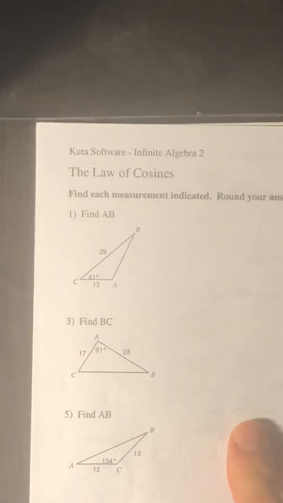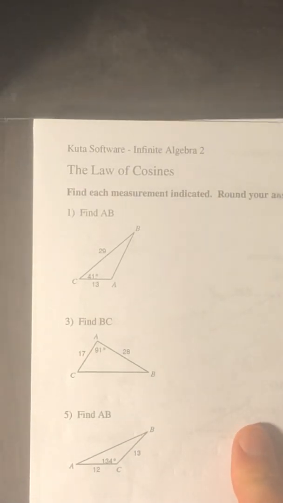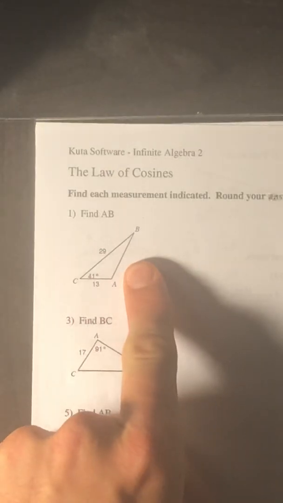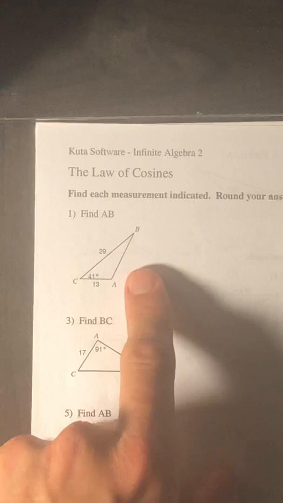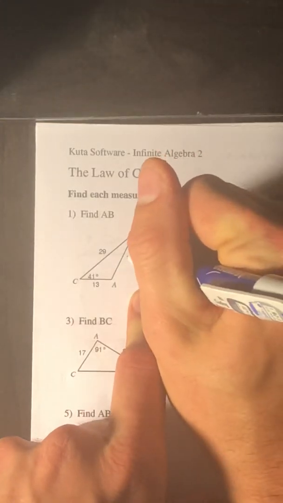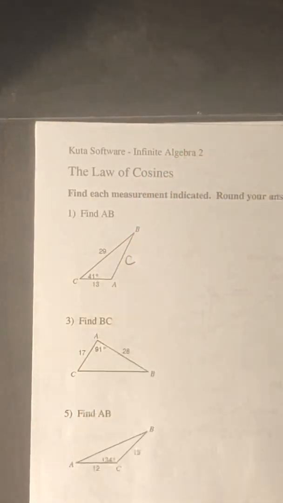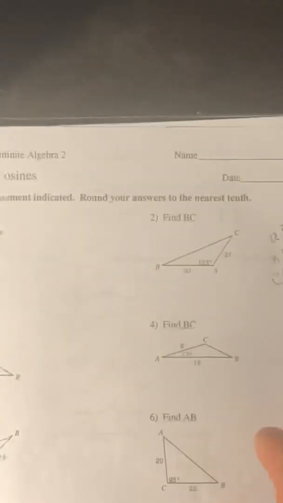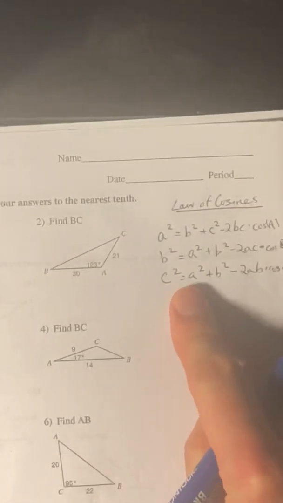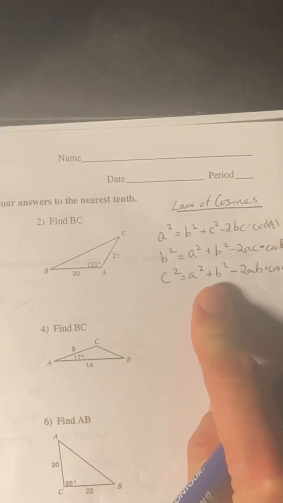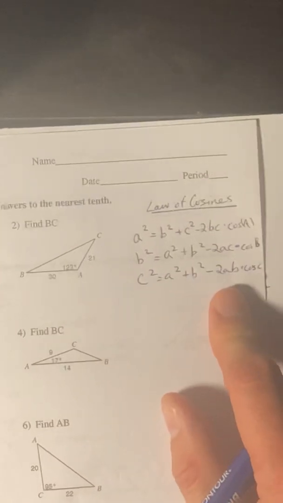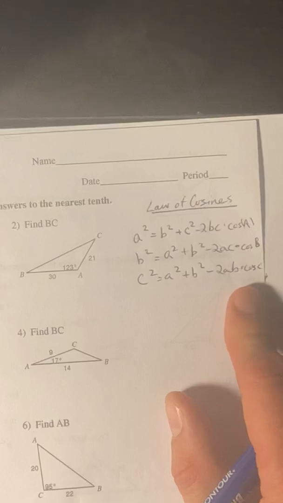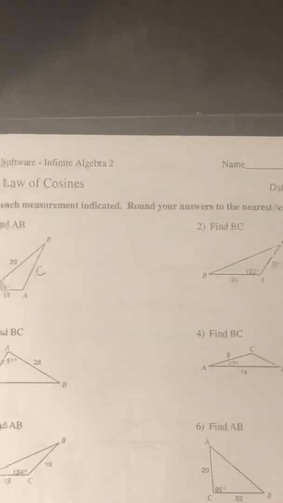Let's see if we can do one over here. It says find AB, and this is my X right here, but since I'm dealing with a, b, and c, let's just put it as side c. Side c matches with angle C, and we're going to think about this as the other two sides added together but squared, minus 2 times the other two sides times cosine of the angle.